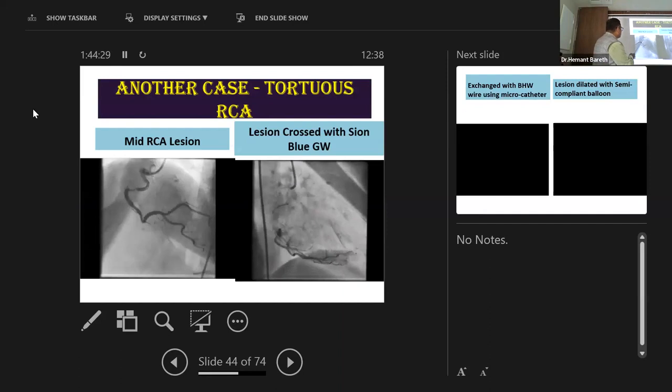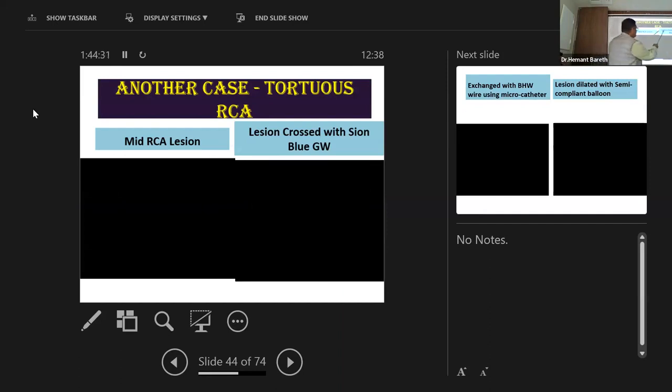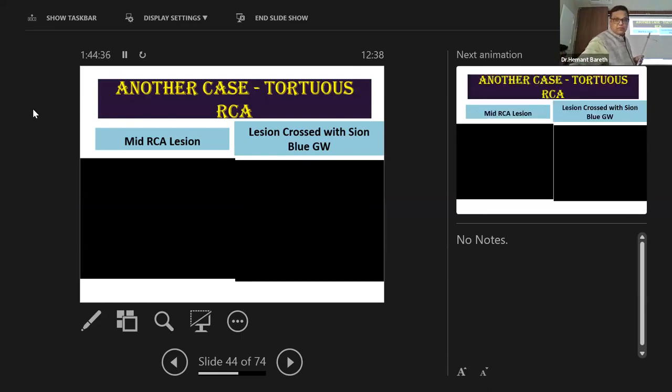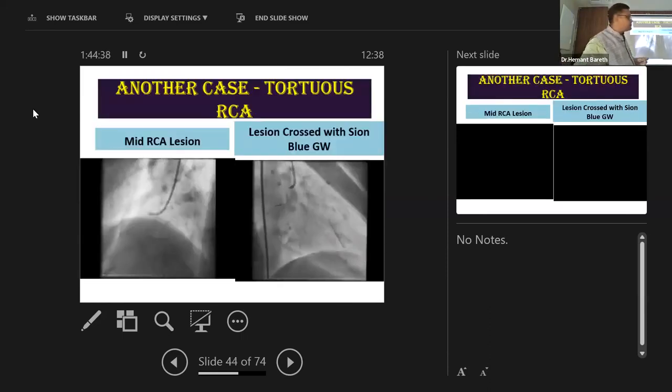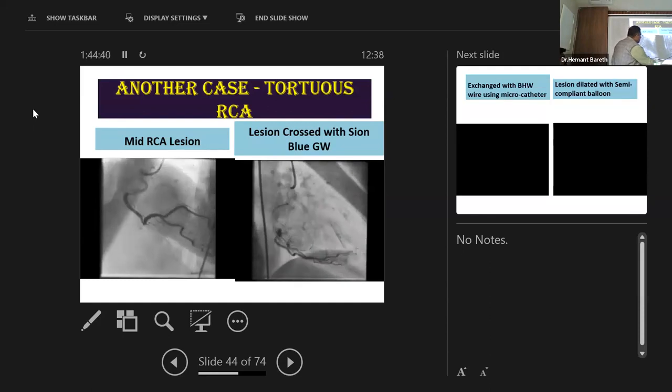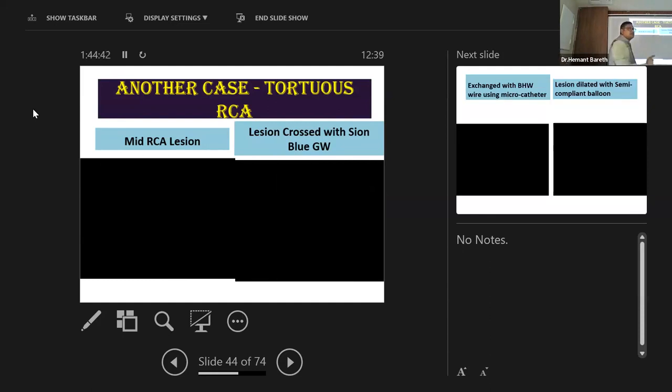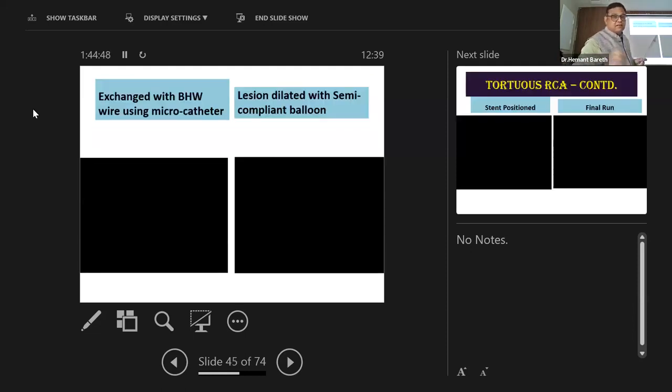Anyway, so this is the tortuous region, and at the bend. The region was crossed with a Neon Blue wire. You see, this is the Neon Blue wire, and you see that it takes the shape of the vessel. Instead of the vessel taking the shape of the wire, this wire is taking the shape of the vessel.